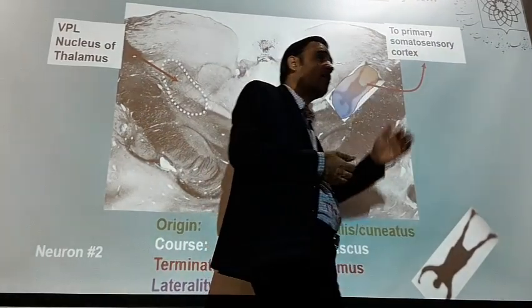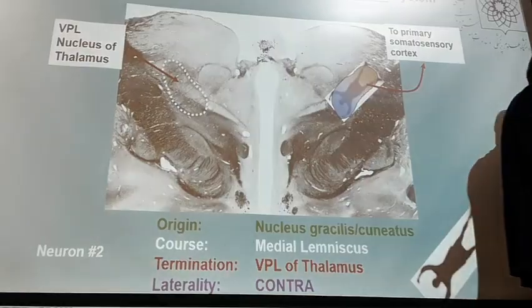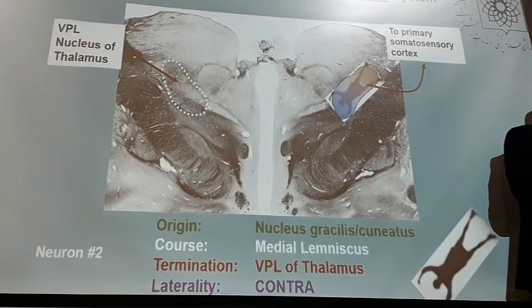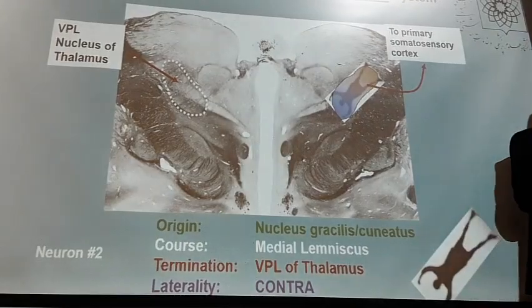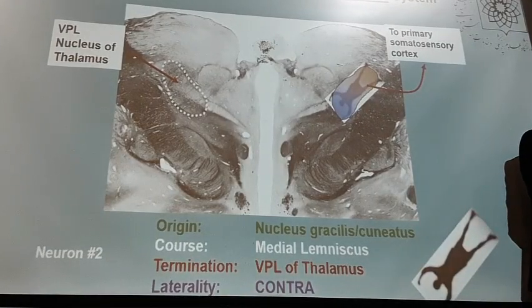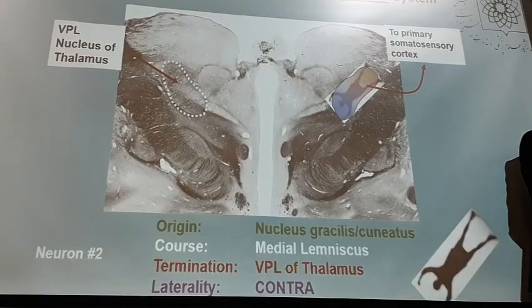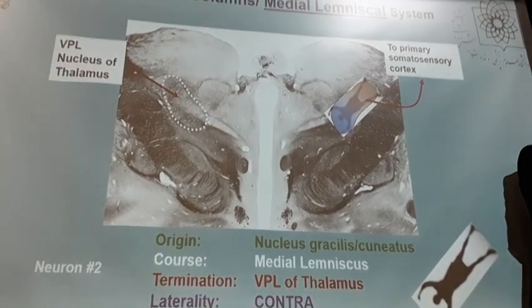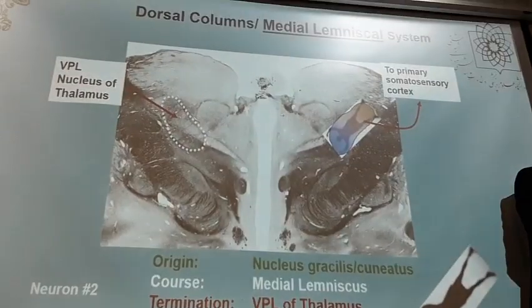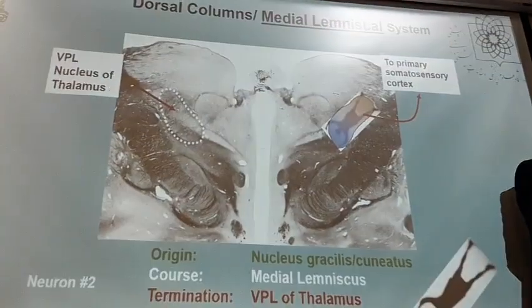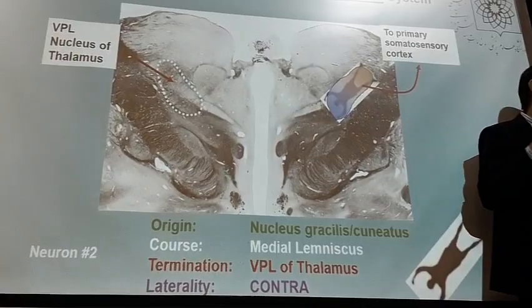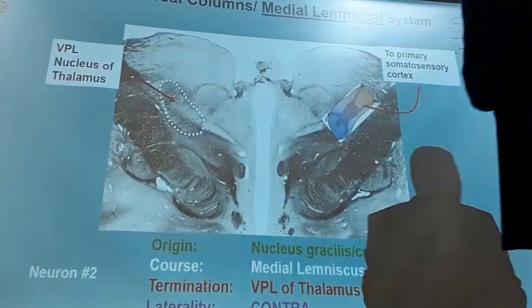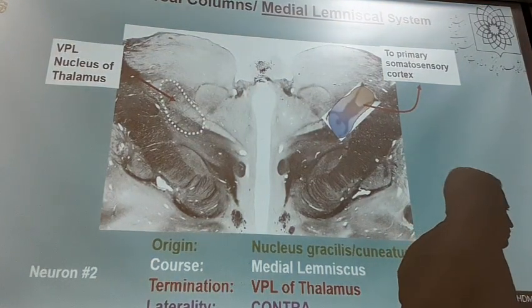And in this way, the thalamus will receive a map of the body. We have a map of the body in the thalamus. What does the thalamus do for the sensory information? The thalamus processes the information, and when it processes the information that is coming to the thalamus, information that is not important for us or is useless will be filtered.